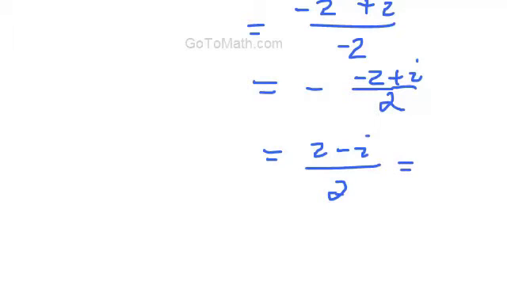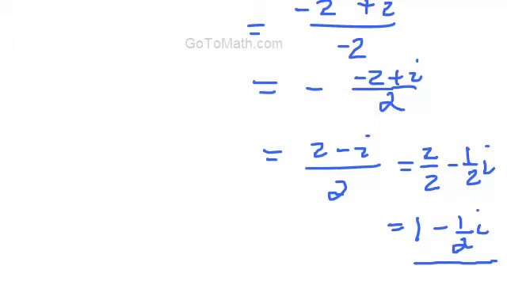Then we will break this up into 2 over 2 minus a half I. Of course, we can reduce that down to 1 minus a half I. And we are done with that.